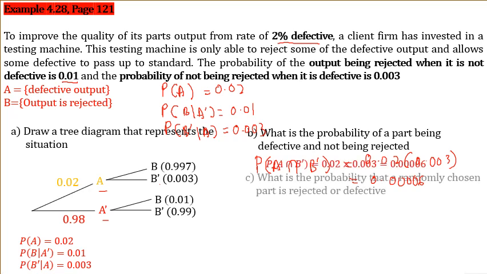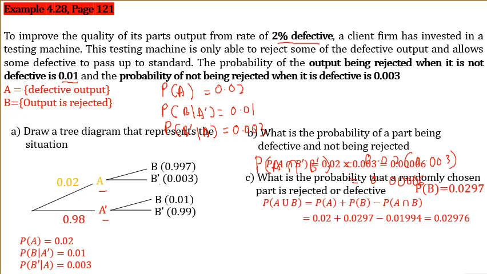For the C, what is the probability that a randomly chosen part is rejected or defective? Okay, so it means A union B, defective or rejected. P(A union B), we use the addition formula P(A) plus P(B) minus P(A and B).